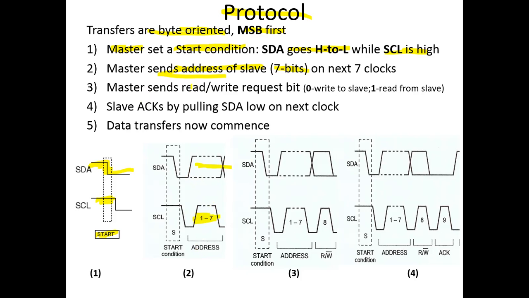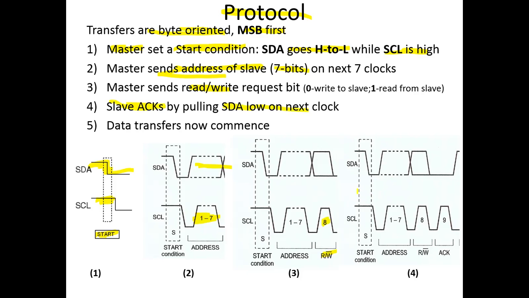Then the master will send the read-write bit, because the master can read or write from the slave. So here we have to send the read-write bit. If this bit is 1, that means the master is reading from the slave. If this bit is 0, that means the master is writing to the slave. And then the slave has to acknowledge by pulling the SDA low on the next clock.